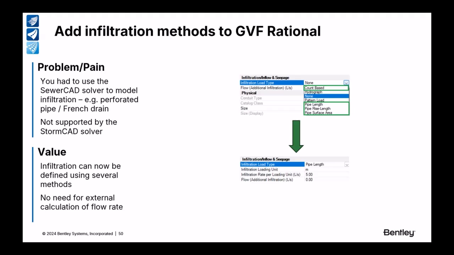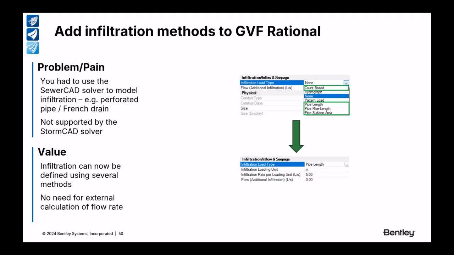You don't have to do any manual calculations. You can just say, I know that it's going to be so much per linear measure of pipe, put those numbers in, and that's in effect another method of adding flow into your system, but it's a method that's much more suitable for infiltration situations than trying to calculate a flow or whatever else you might have done previously.